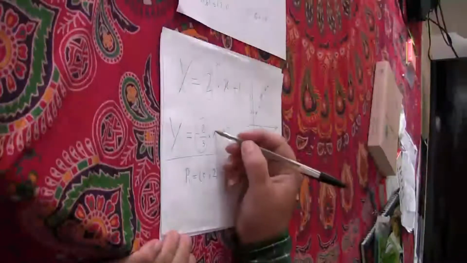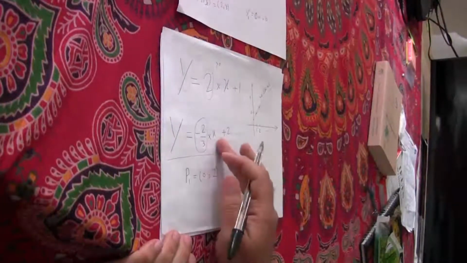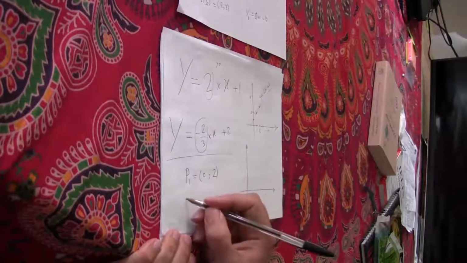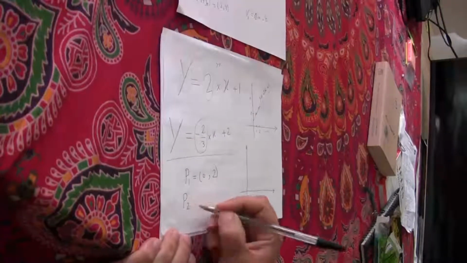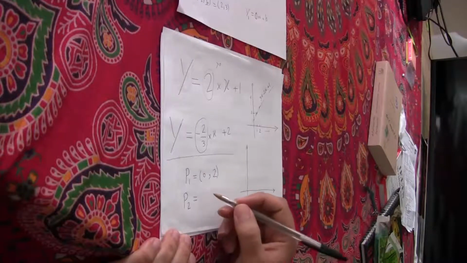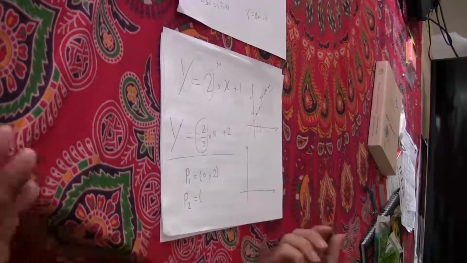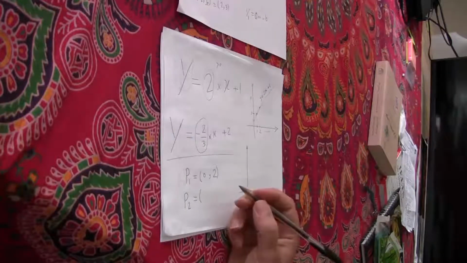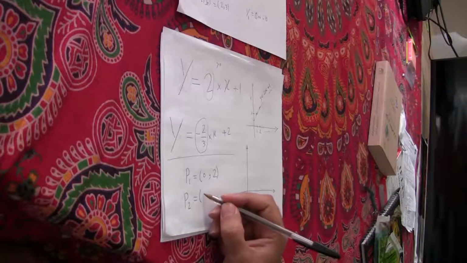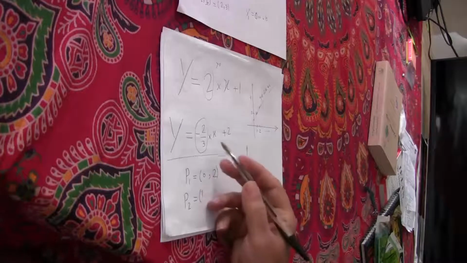Here we have another equation. It doesn't matter which point. For example, P1, when x is 0, 0 multiplied by any number is 0, so y is 2. And the second point, P2, it doesn't matter which number, for example I can consider 1 for x.